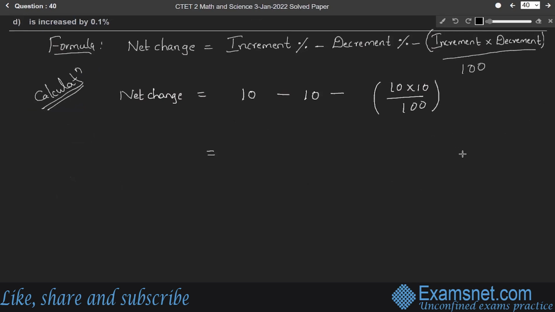So minus 100 by 100 is minus 1. Net change in the number is minus 1%.